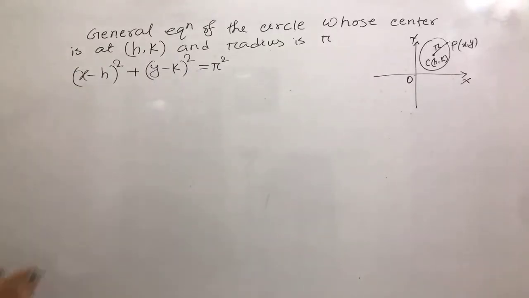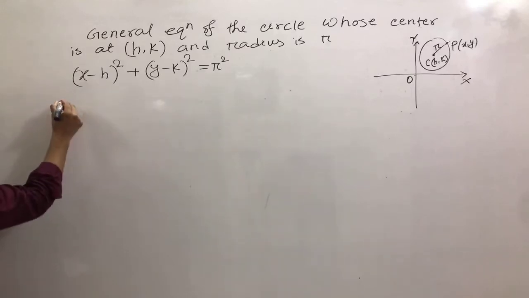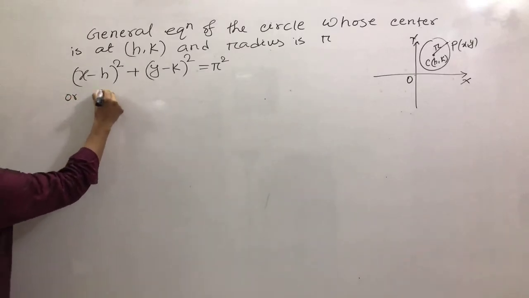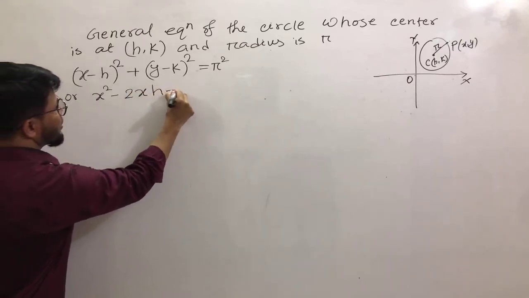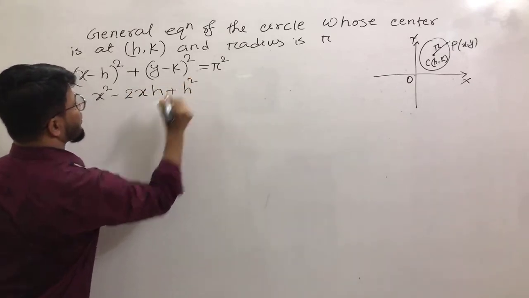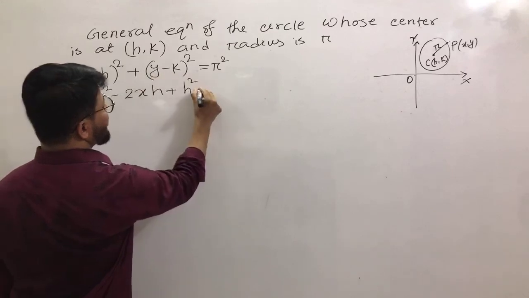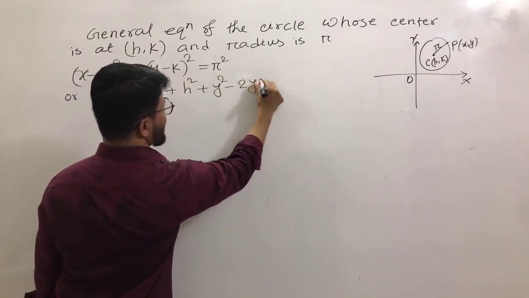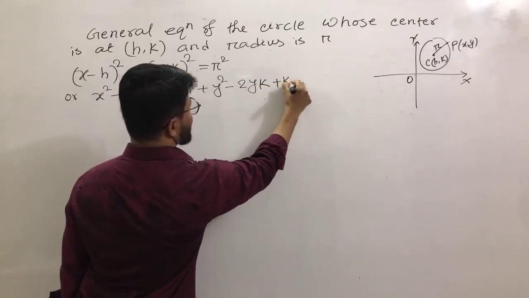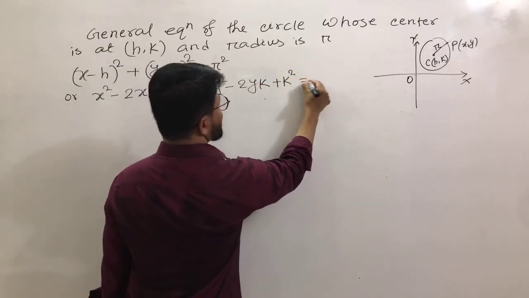So now do the calculation here. x square minus twice xh plus h square. From here, (a minus b) whole square, that is y square minus 2yk plus k square, equals r square.